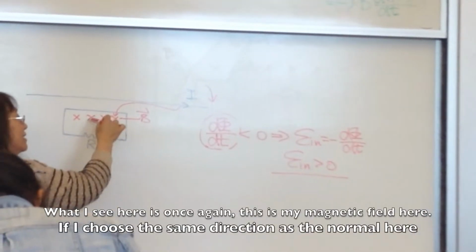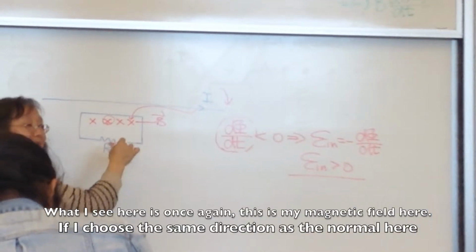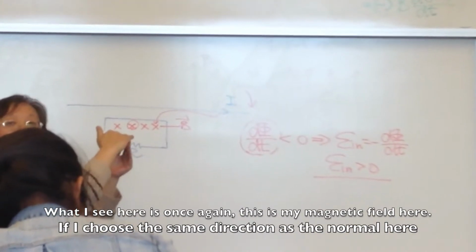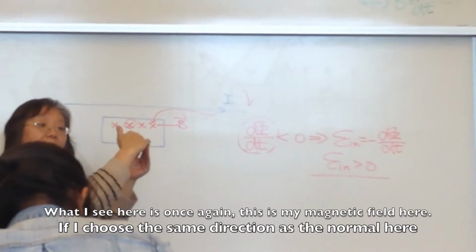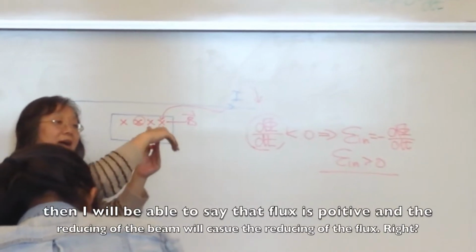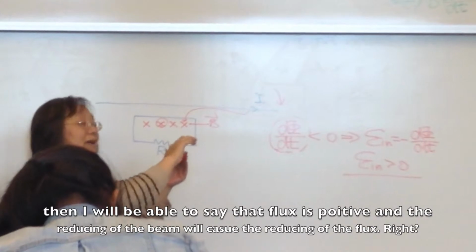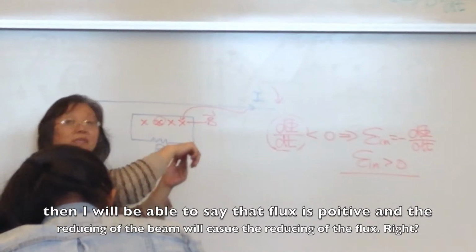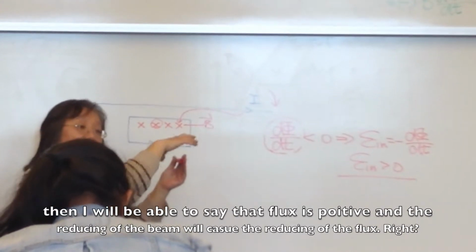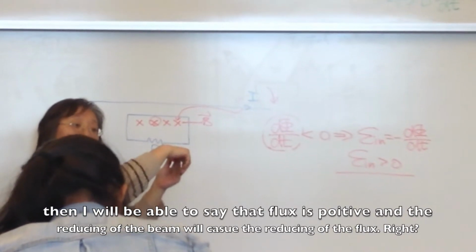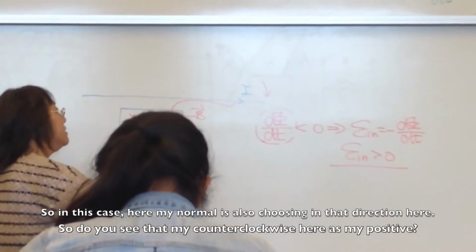Once again, this is my magnetic field here. If I choose the same direction as my normal, then my flux is positive. So in this case my normal is also chosen in that direction.